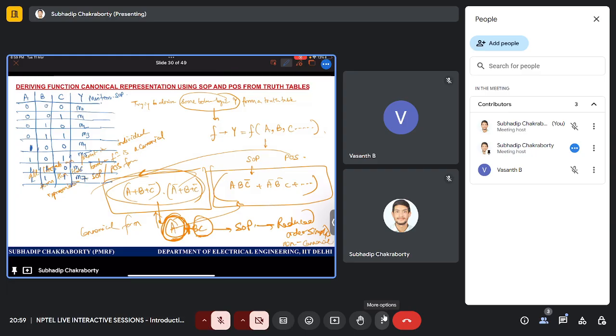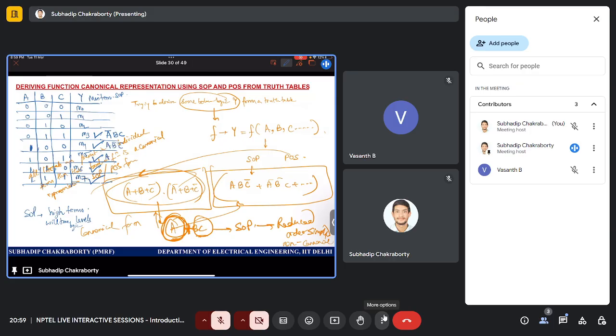Now let's say M3, M4, M5, M6 and M7 are high. And in SOP, we take high terms with true logic levels. So I represent this as A bar B C. This is nothing but A B bar C bar.